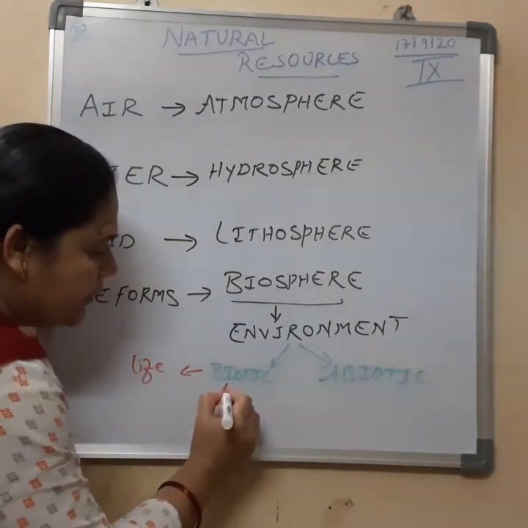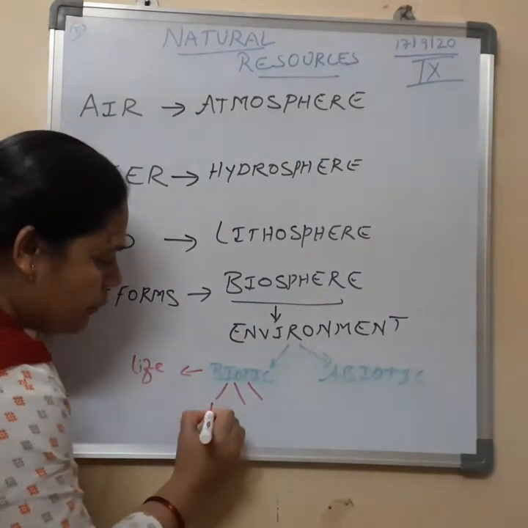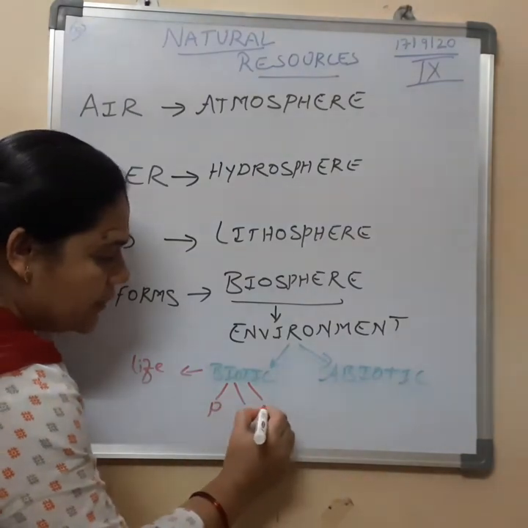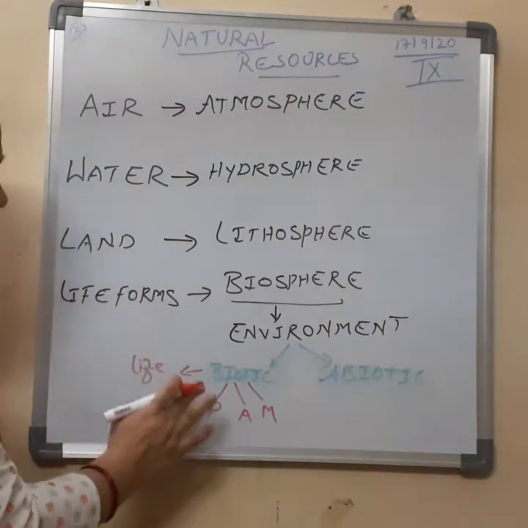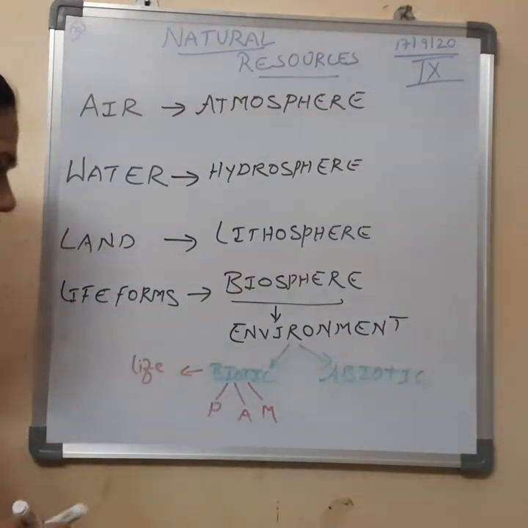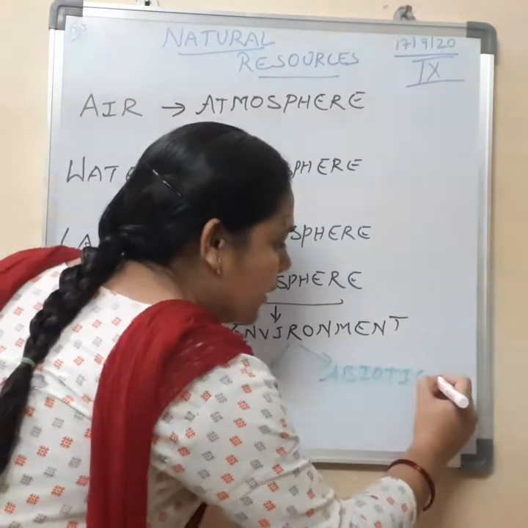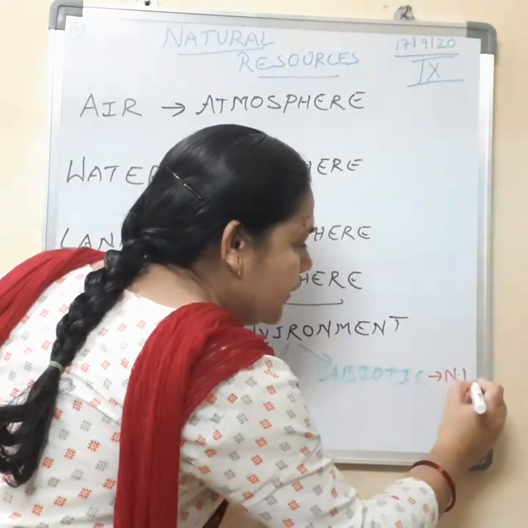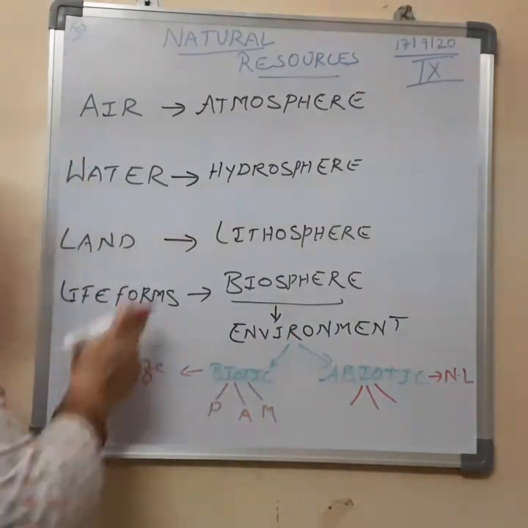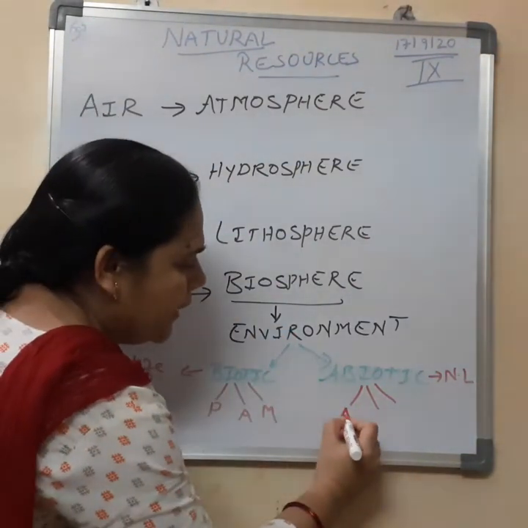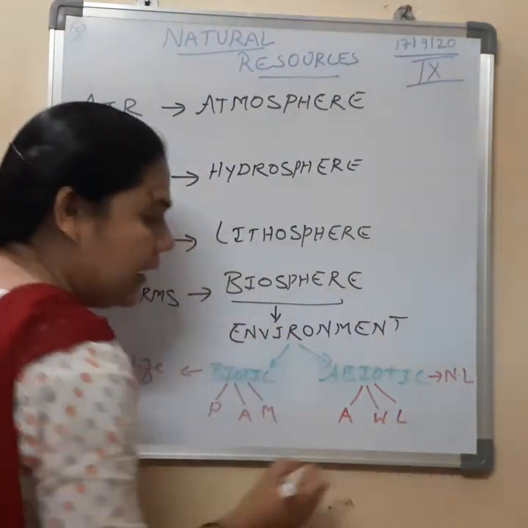So what are these living organisms? Those are plants, animals and microorganisms. So there are three main biotic components: plants, animals and microorganisms. Whereas abiotic means non-living, isn't it? So this abiotic also has three components. And what are those? Air, water and land.